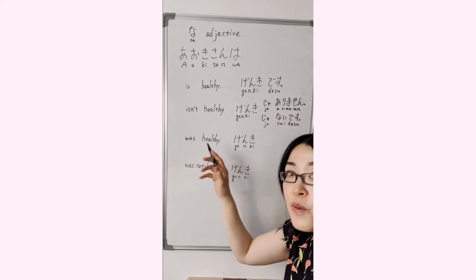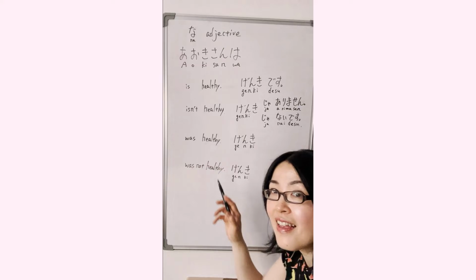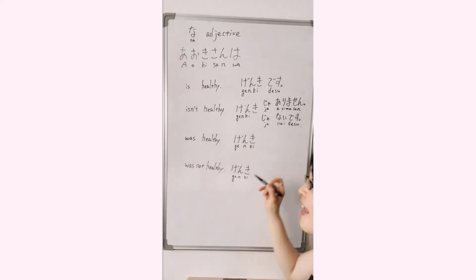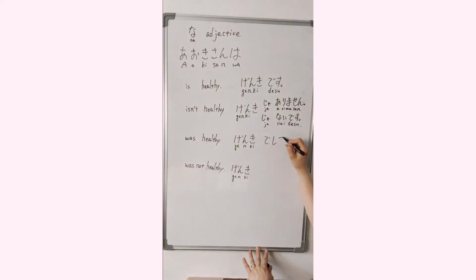And for was healthy, past tense: 青木さんは元気でした. That's the past tense, でした.